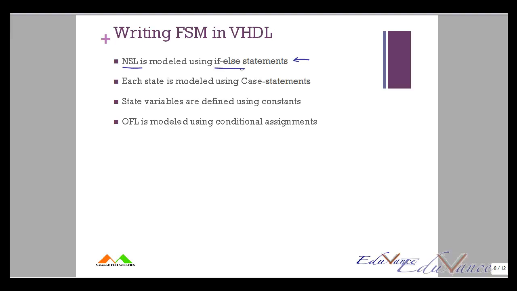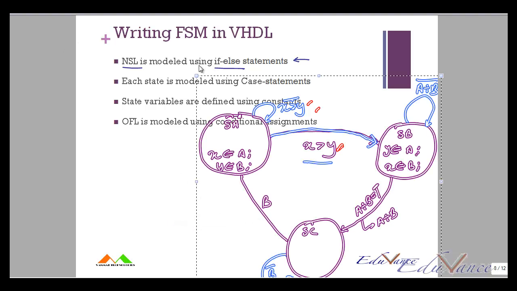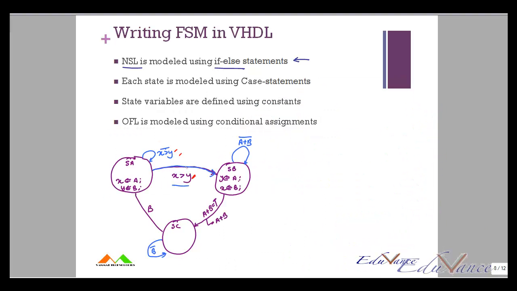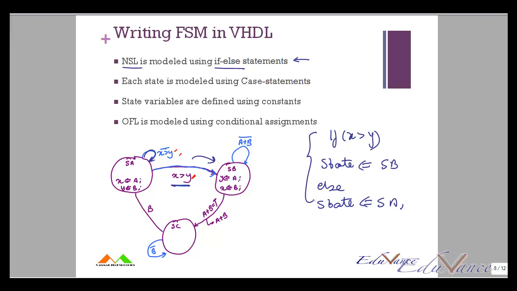It makes sense that if you look at these conditions very carefully, if X greater than Y, then my state should be SB, else my state should be SA, which is if X greater than Y, I come here, else I stay here. So this can be modeled using an if-else statement.